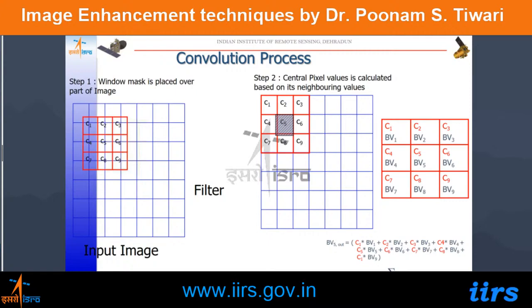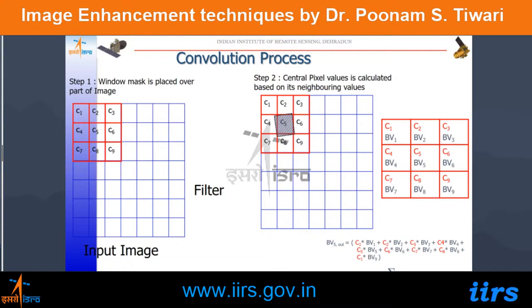So C1 multiplied by BV1, where BV stands for brightness value, C2 multiplied by BV2, C3 multiplied by BV3, and so on. We sum up all of this and get an average. So the value that we get will be the new brightness value of the central pixel, the 5th pixel here.